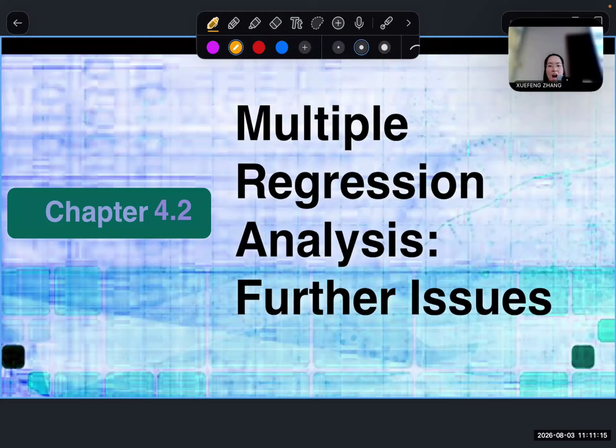So things like how to interpret models with logs and quadratics more carefully, how to compare models with different functional forms, and how to do prediction and other loose ends we've been setting aside until now. Think about this chapter as tools for real-world regression work. Less new theory, more how do I actually use and interpret what I've learned so far. It's about interpretation. Let's go through it slide by slide.